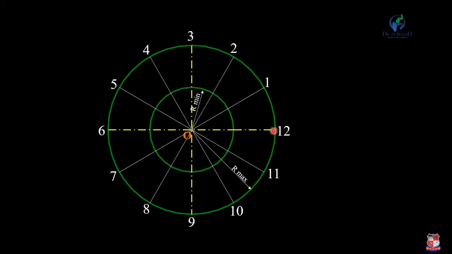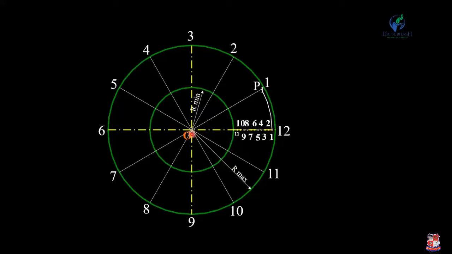Okay, so after the one complete revolution, the point will reach this point. Okay, so now we have to divide this distance into the 12 divisions. Okay, and this distance is equal to 40 mm because 100 minus 60 is equal to 40. So divide this distance into the 12 divisions. 1, 2, 3, 4, 5, 6, 7, 8, 9, 10, 11, and finally 12.